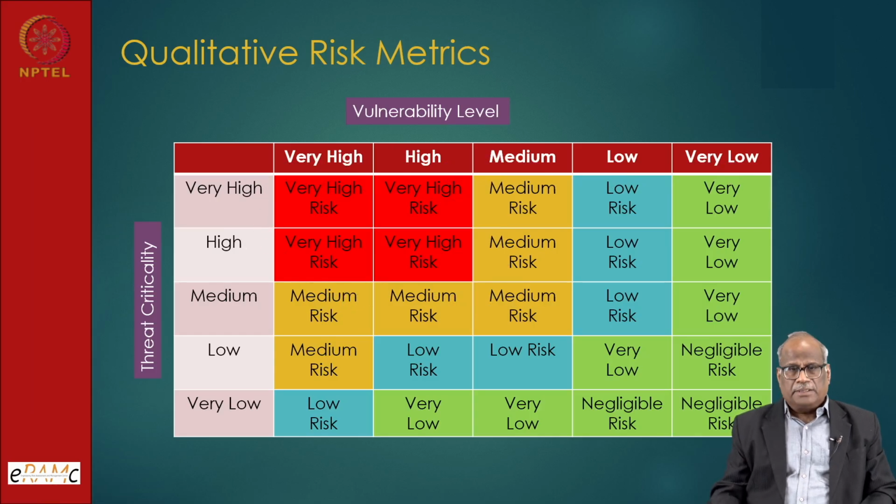These are the points which are of concern, because risk levels are very high where threat criticality and vulnerability are both very high. Then medium is shown in yellow, low is low risk, and this is low and very low risk, or negligible risk, this is the band.